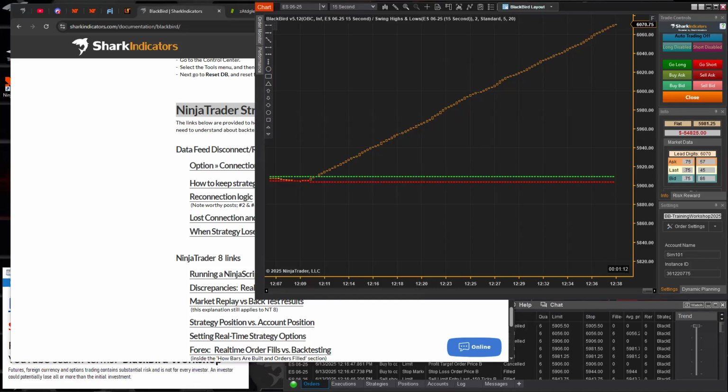So if that is the case, I guess we need to see that. So hopefully we can recreate it and try and figure out what's going on, why that is occurring.